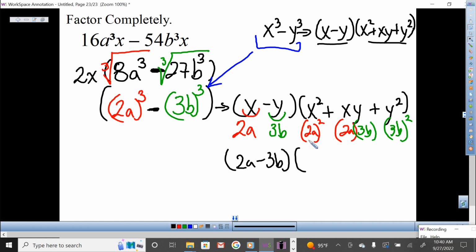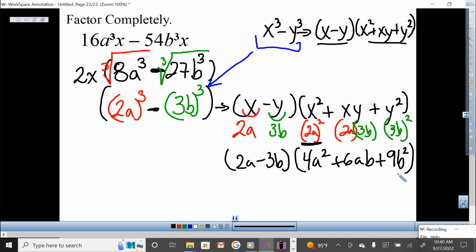What do I write next? What is 2a squared? 4a squared, that is correct. What is 2a times 3b? 6ab, yes. Plus, what is 3b squared? 9b squared. These are my factors.